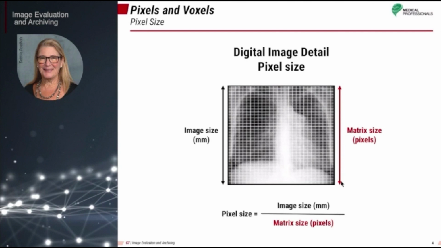For example, a 1024-channel linear detector array justifies using a 1024 by 1024 pixel reconstructed image. Pixel size is inversely related to detail.